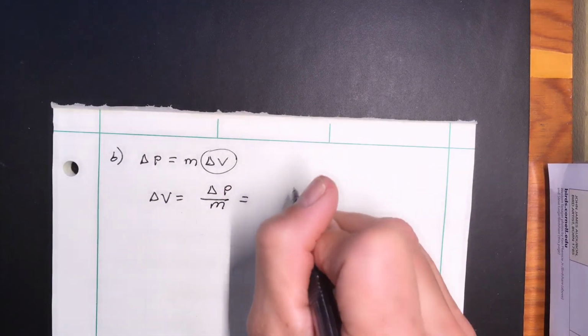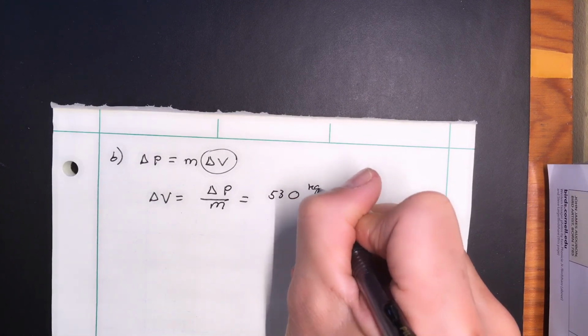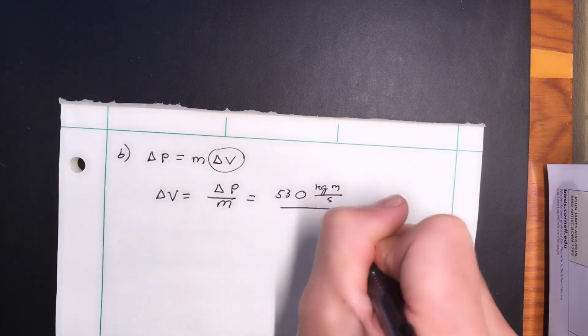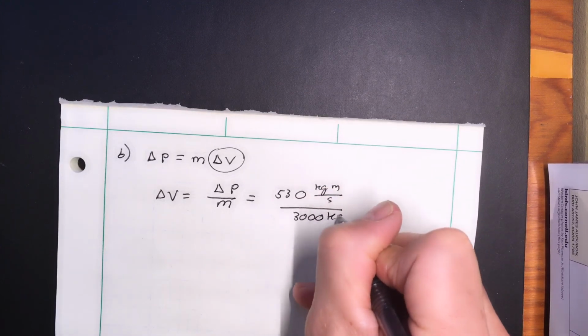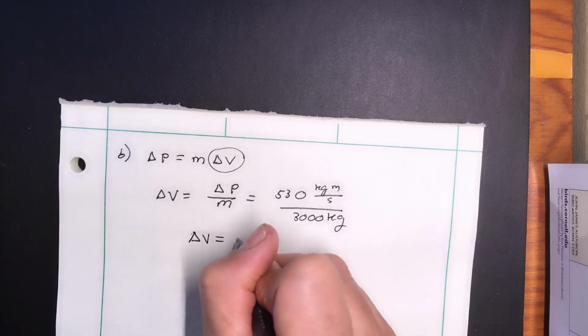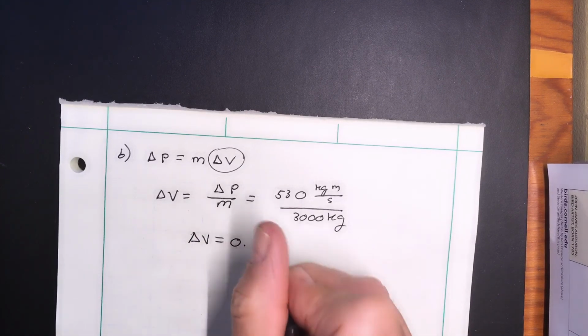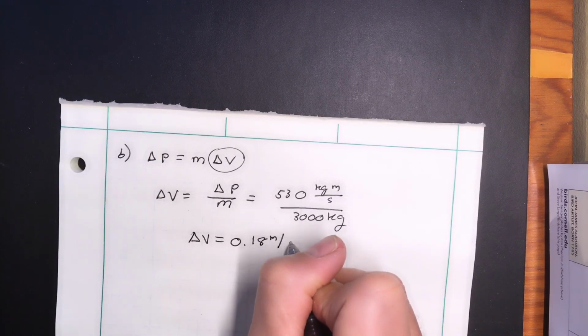We just found the change in momentum, 530 kilogram meters per second, and the mass didn't change, that stays constant. So the change in velocity due to the frictional force is 0.18 meters per second.